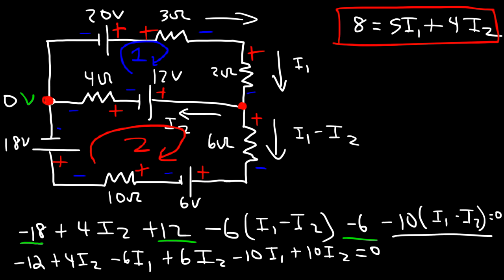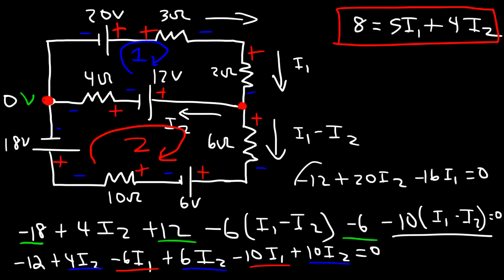So now let's combine like terms. So we have 4I2 plus 6I2, which is 10I2, plus another 10I2. So far we have negative 12 plus 20I2. And then we have negative 6 minus 10. So that's negative 16I1.